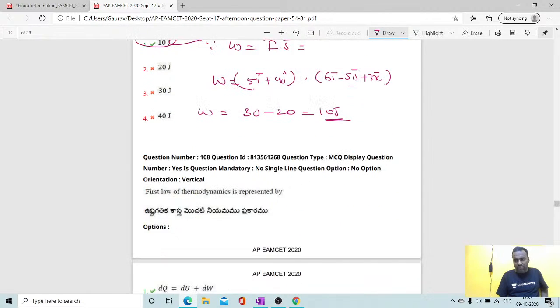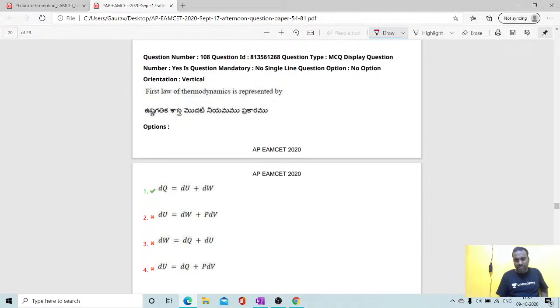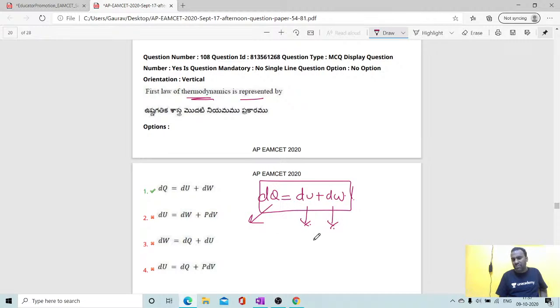Here, the first law of thermodynamics says that dQ is equal to dU plus dW. So dQ is the amount of heat energy, dU is the internal energy and dW is the work done. Since dQ equals dU plus dW, it is a consequence of conservation of energy.